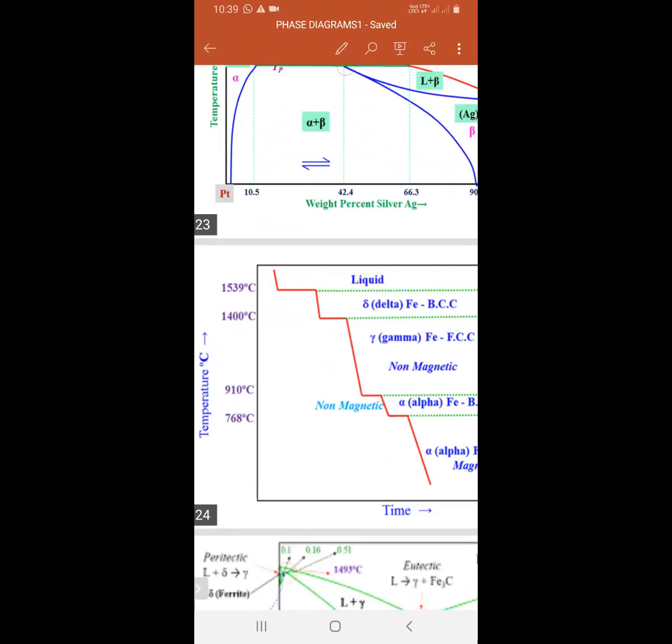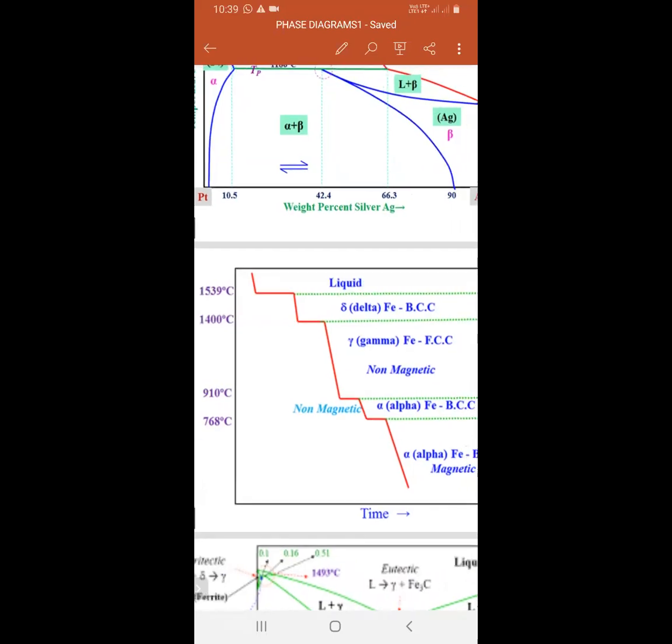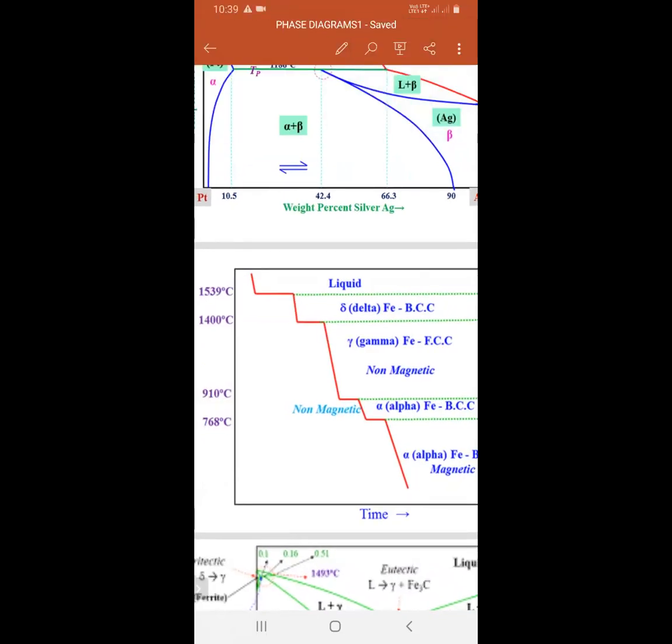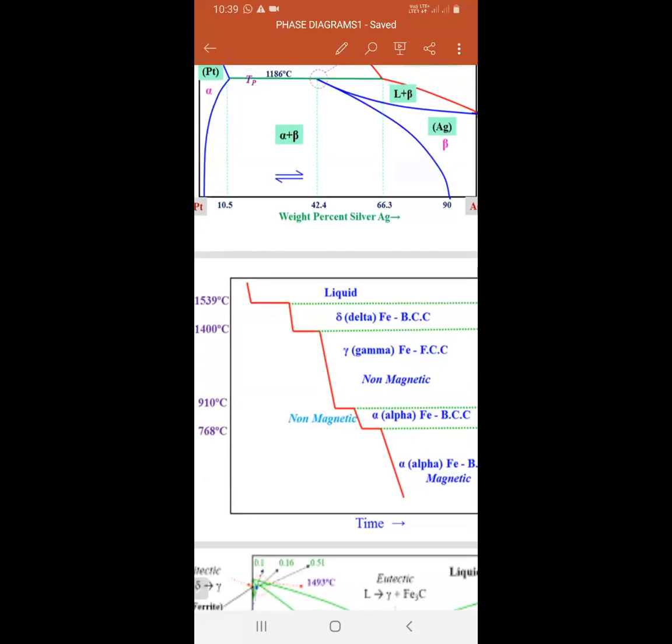Then we start cooling, step by step. From 1539 to 1400 degrees centigrade, the liquid transforms to a solid phase, delta iron. The structure is BCC, body centered cubic. Have you understood?